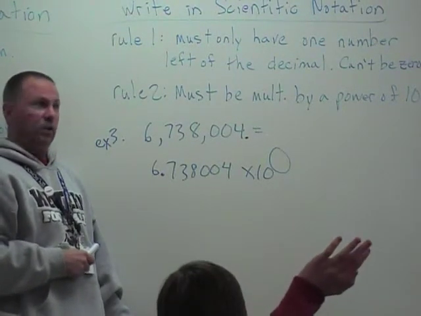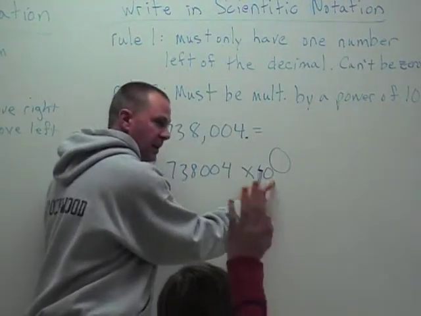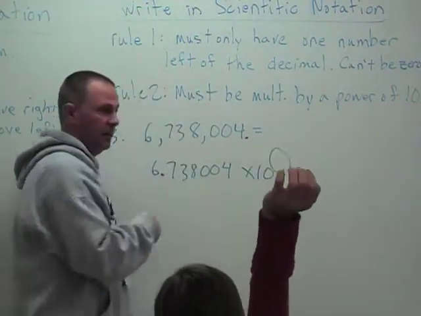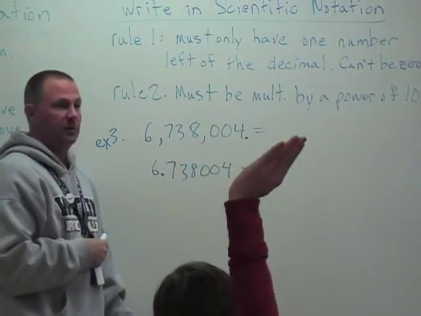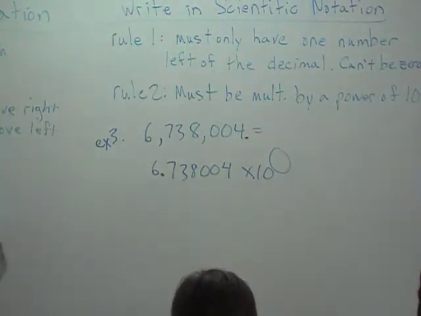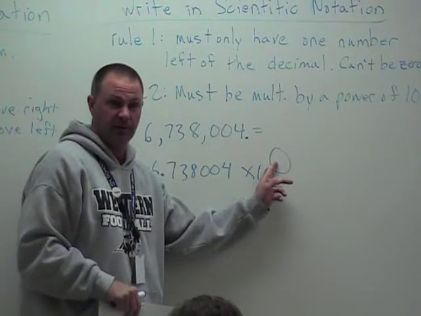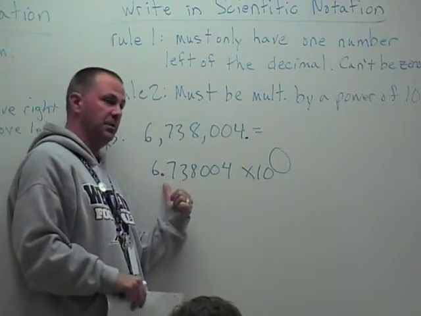Yes? So what is this power of 10 going to do to this decimal to get it back to where it was? It's got to move it to the right, which when we move it to the right, that's a positive. So this exponent better be positive because it's affecting this decimal.